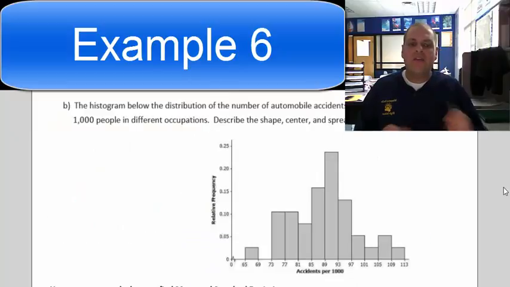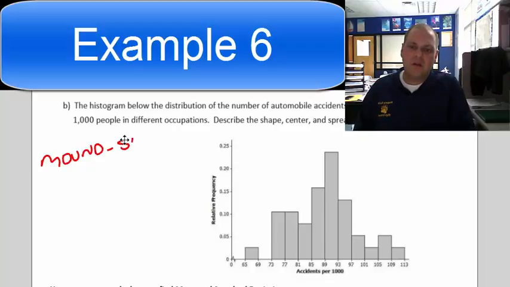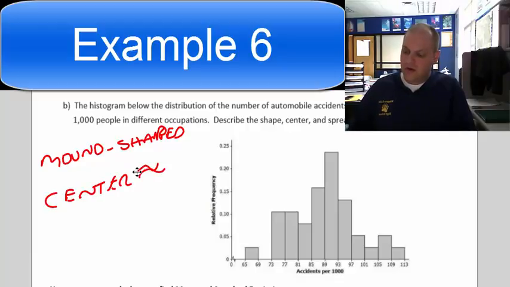And then one more. This one looks more mound-shaped to me, okay? If this is the center here, it's mounding off equally both ways. So I would say mound-shaped here, and I would say an approximate center of 90-ish.